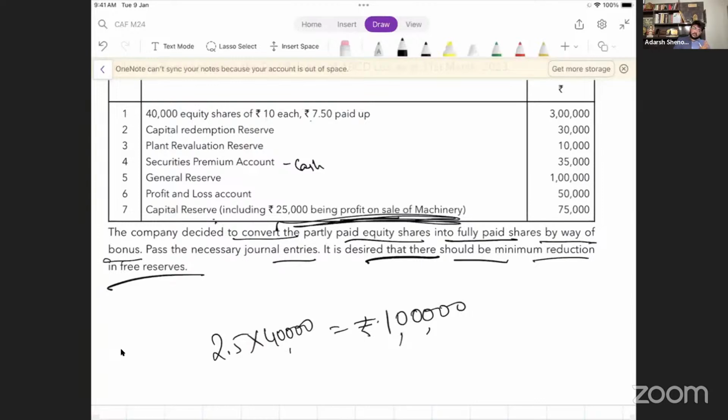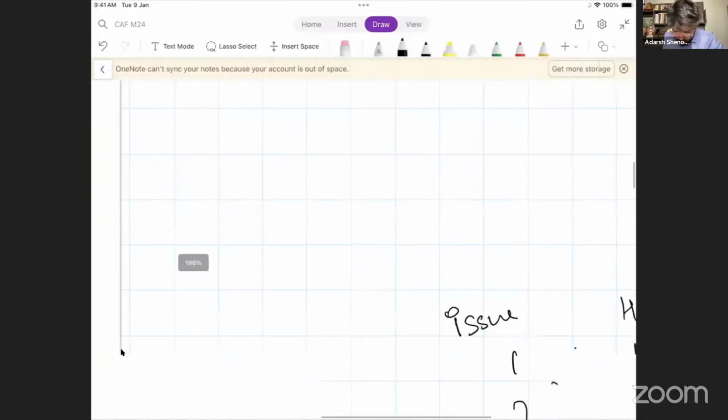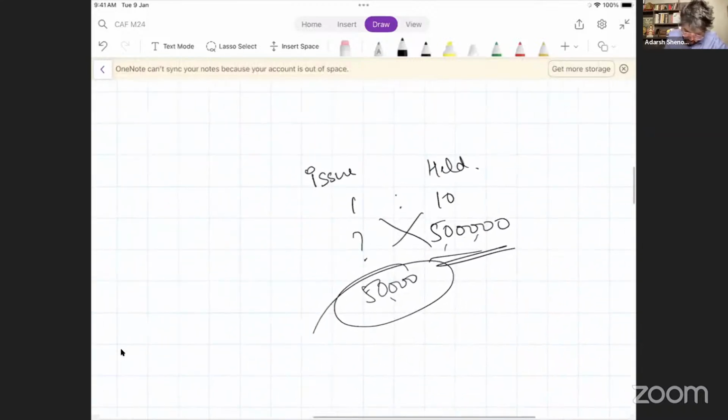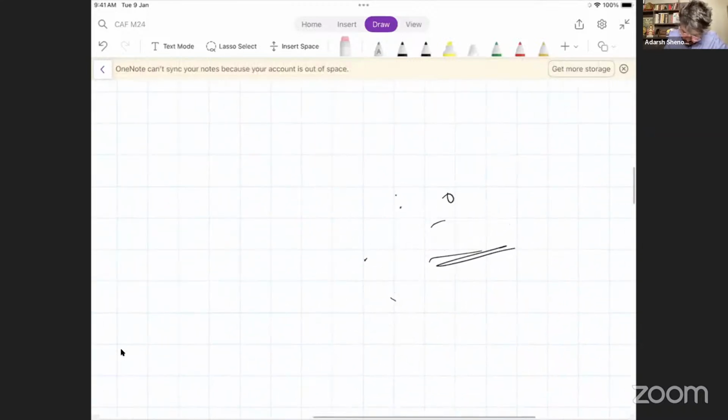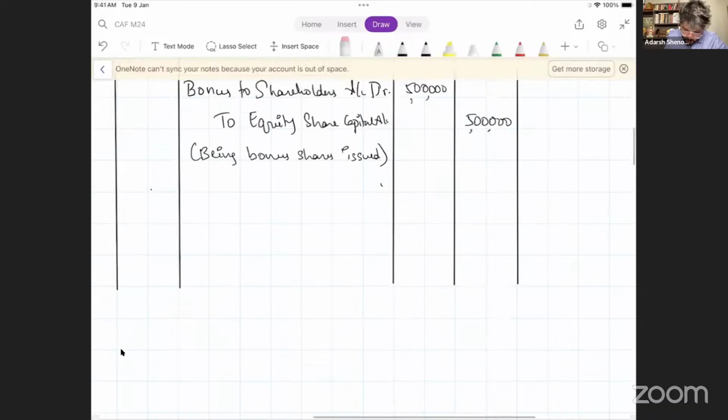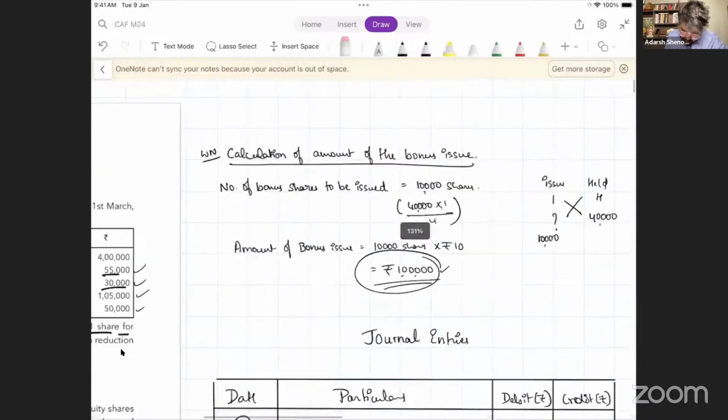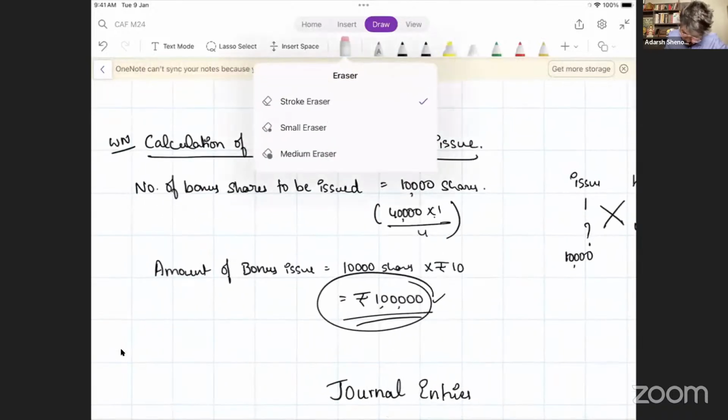So it doesn't matter which account you consider. We will take the general reserve. We need 75,000. We will debit it to the general reserve account. So you can just write a note when we start the solution: calculation of the amount of the bonus call.